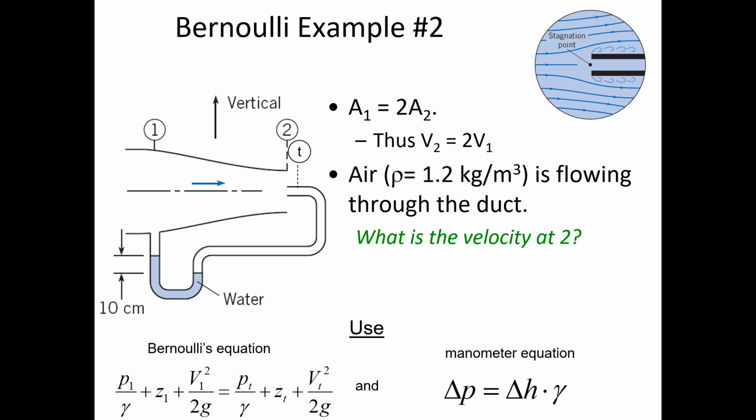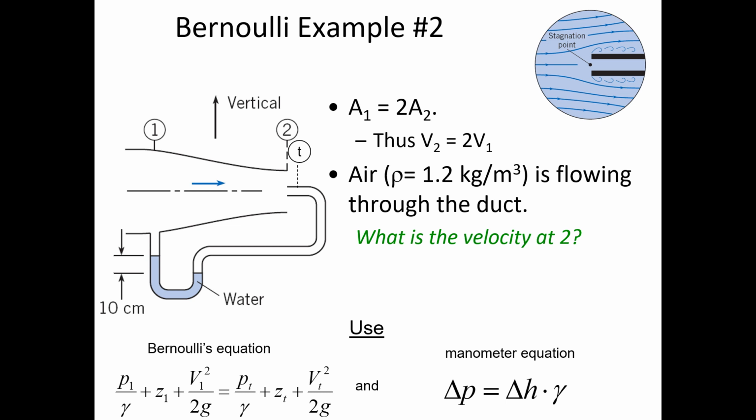And by the way, we can apply Bernoulli's equation as long as we're talking about the same streamline, and it can be applied at several locations simultaneously. So here's the nozzle. It chokes down. And then here's that tube. So here's location 1. Here's location 2. And then here's what I'm going to call location T. So it's all along the same streamline.